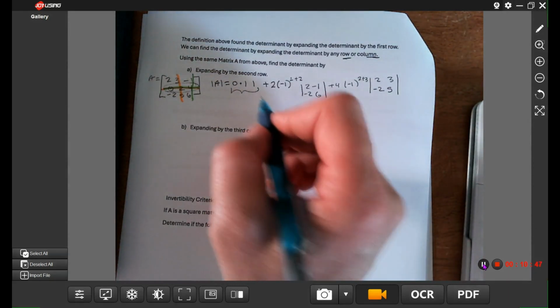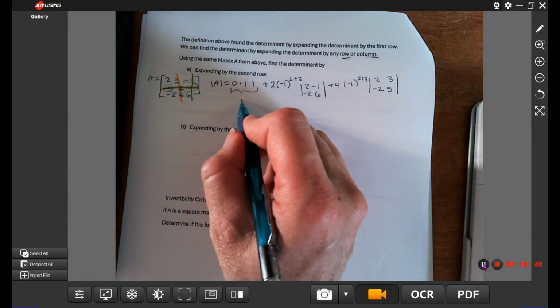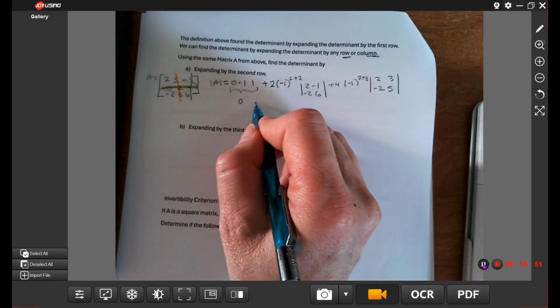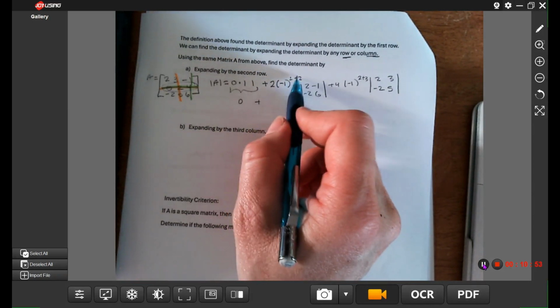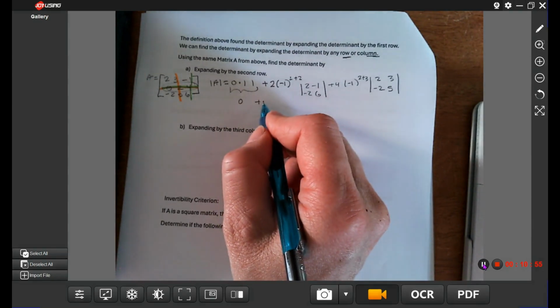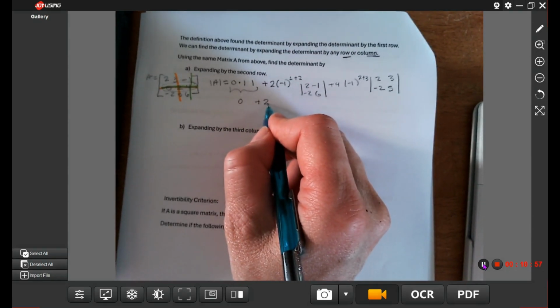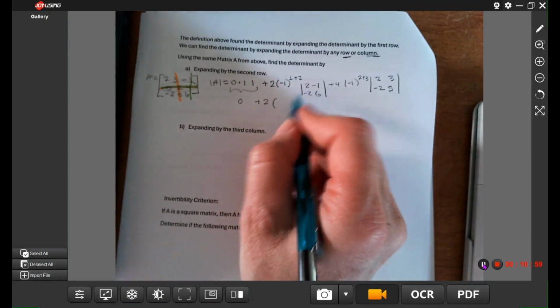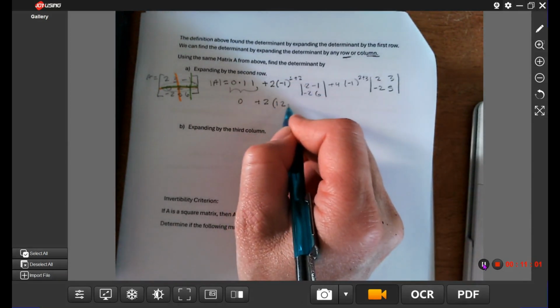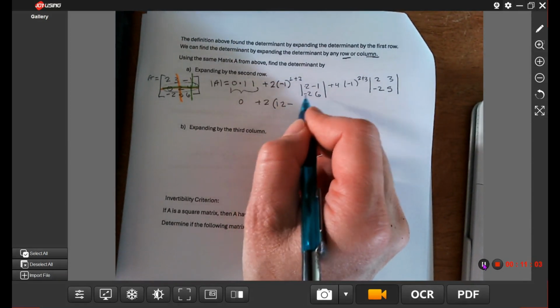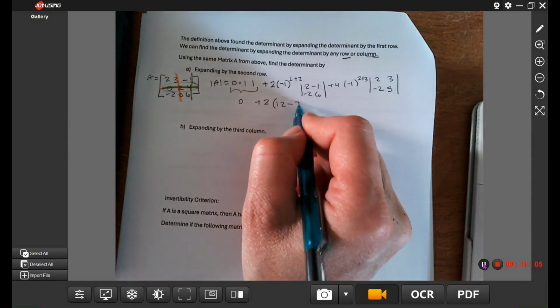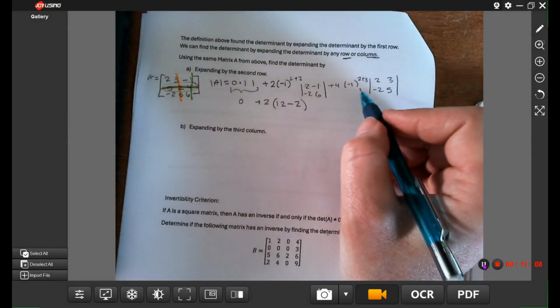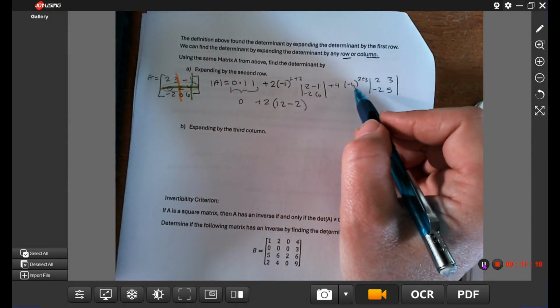So now we're going to work this out. So I have 0, that was nice, plus negative 1 to a positive exponent is positive, so 2. And then this determinant, 2 times 6 is 12, minus negative 2 times negative 1 is positive 2. Now I'll move on to this entry.